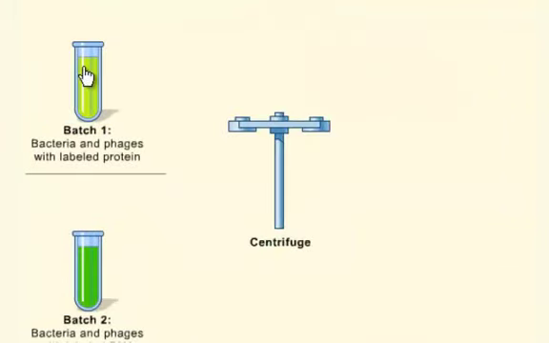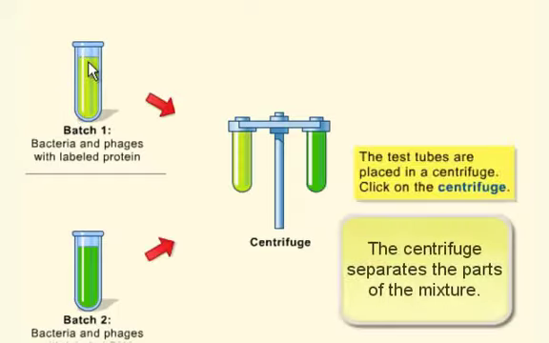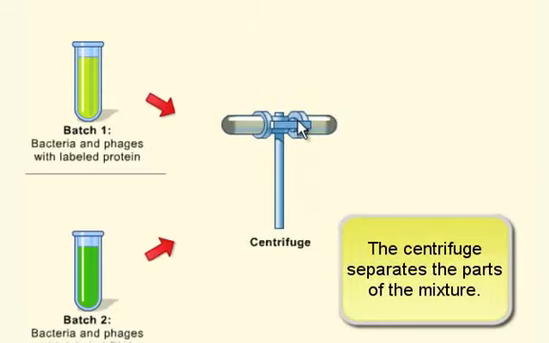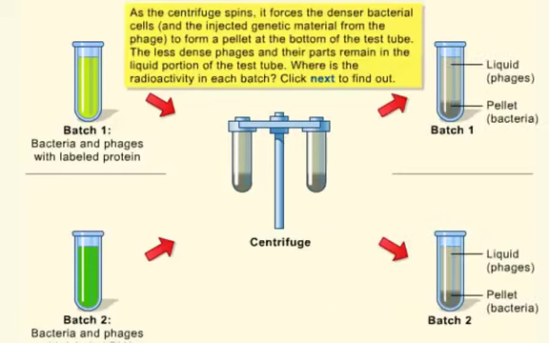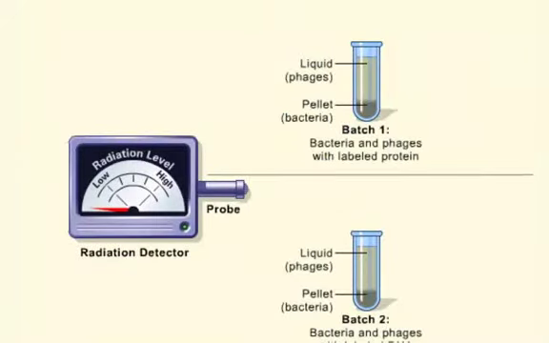Now, once they had them both in a test tube, they need a way to separate the protein from the DNA. So they put them in a centrifuge, and the centrifuge spins it around so that it separates. So you have liquid there and you have bacteria there. Now they test the radiation level.